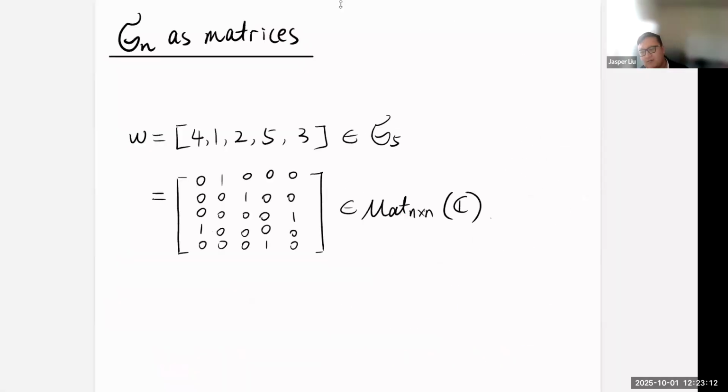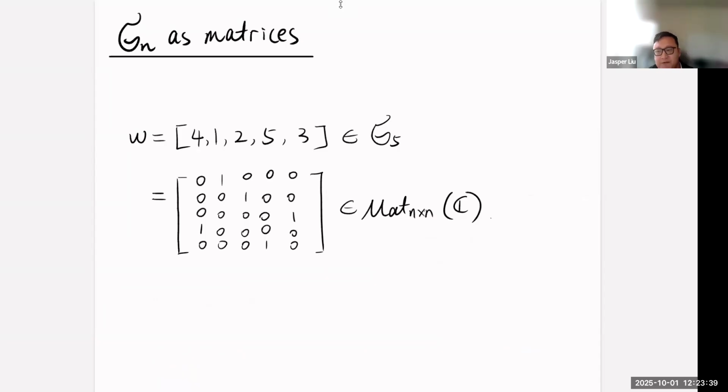So back to our topic, I want to explain to you where the idea we first saw came from. We have already seen that we can view our locus of points as permutations in one-line notation, but there are also other ways to view permutations. One way is that we can view permutations as matrices.